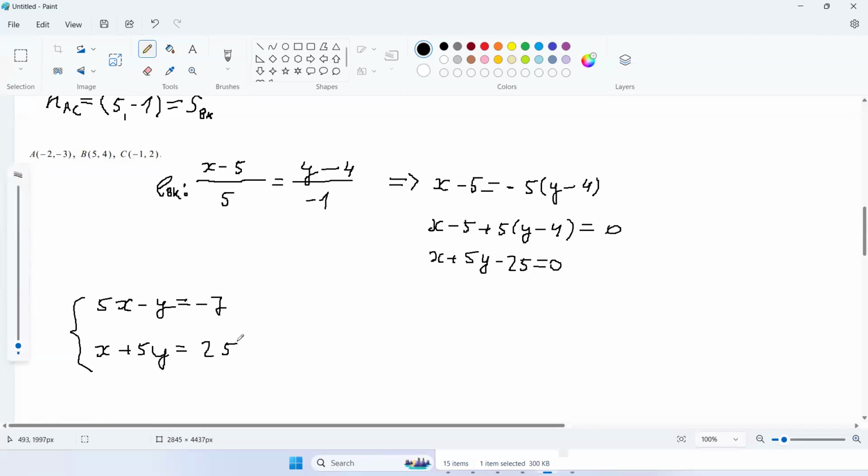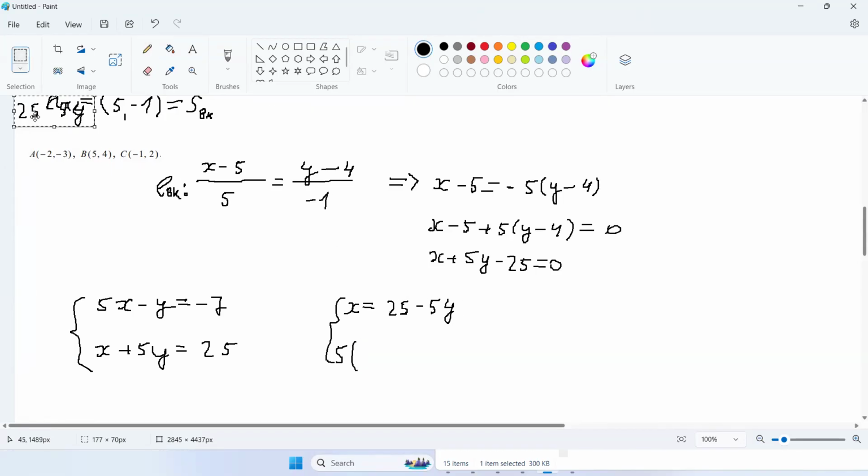Okay, let's solve it with the substitution method. I guess it will be easier for us, more convenient in such a case. X equals 25 minus 5y, correct it a little bit, and just substitute.